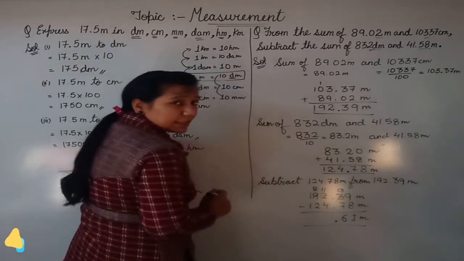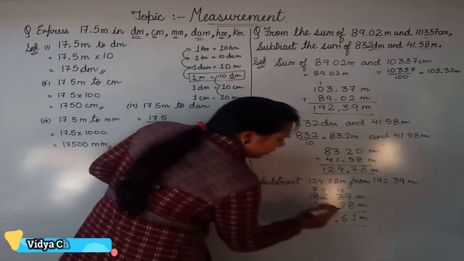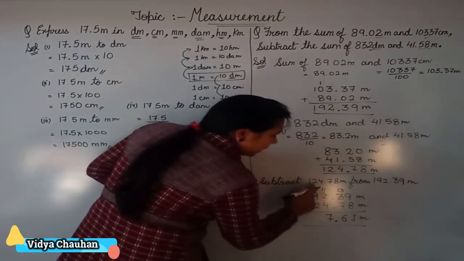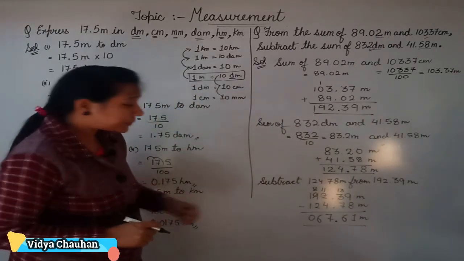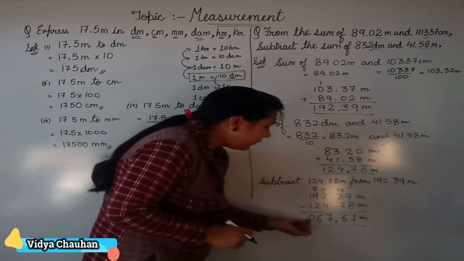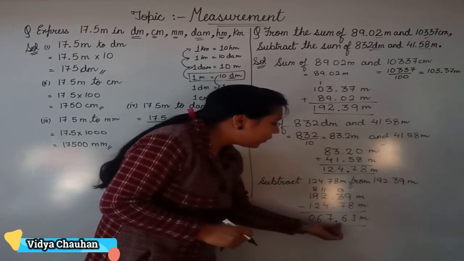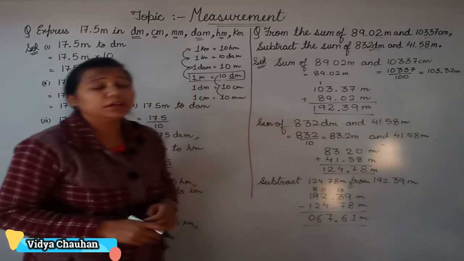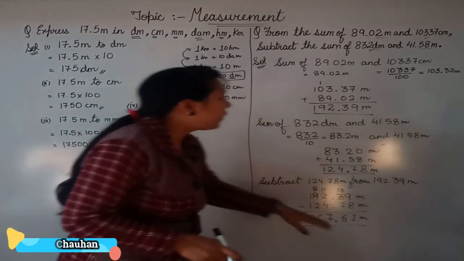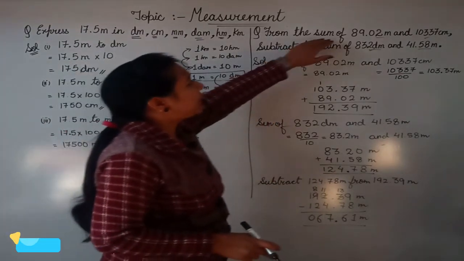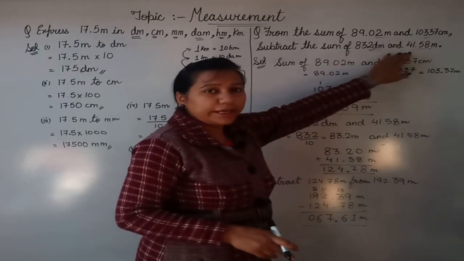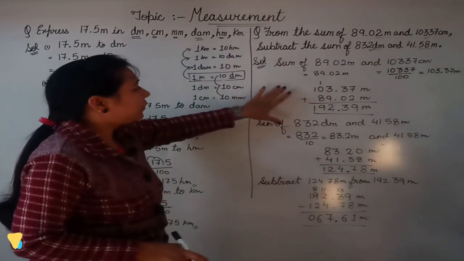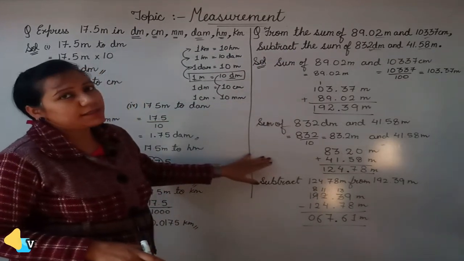This will become 8 and this 1 will become 11. 11 minus 4, 7. 8 minus 2, 6. 1 minus 1, 0. So the final answer is 67.61 meter. This is the final answer for the question, in which we first added the two terms, then added the next two values and subtracted the second from the first.